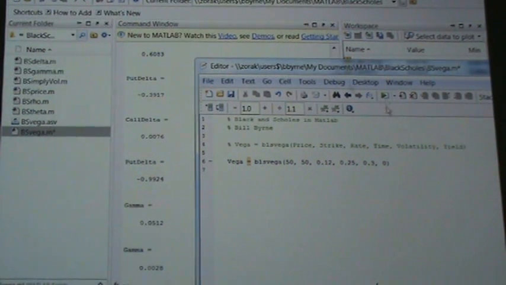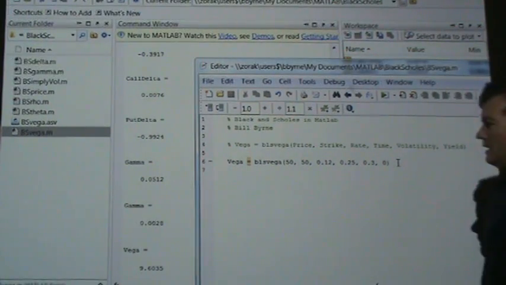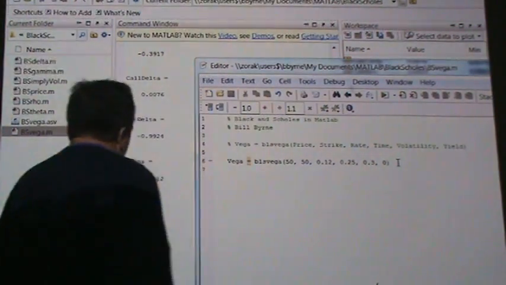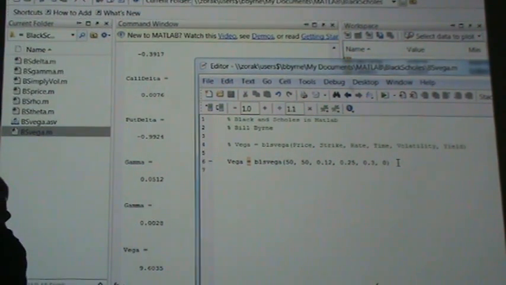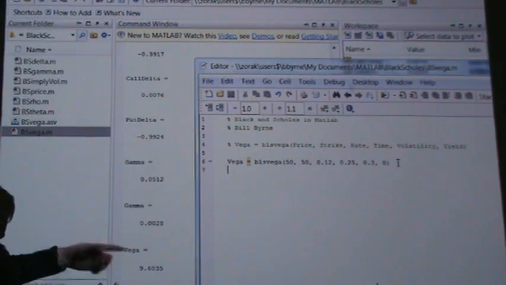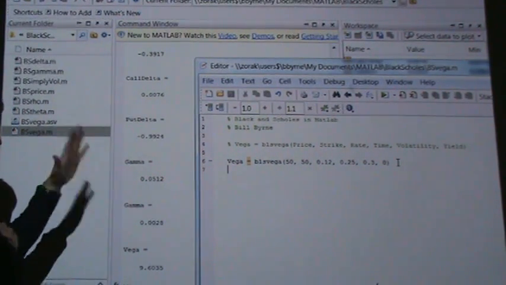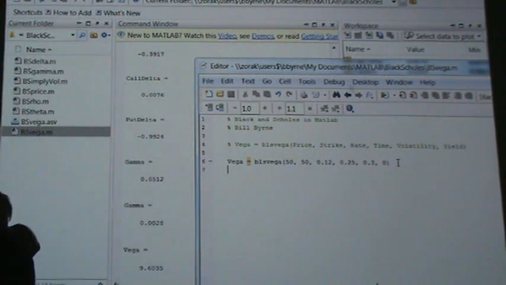I wouldn't even know how to guess this. But okay, so it's by a ninefold. Wow. So if the volatility of the stock doubled, the Vega says that the option price would fluctuate by 9.6 times that.